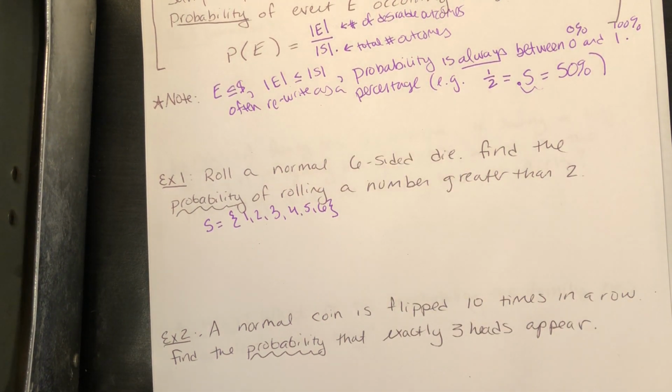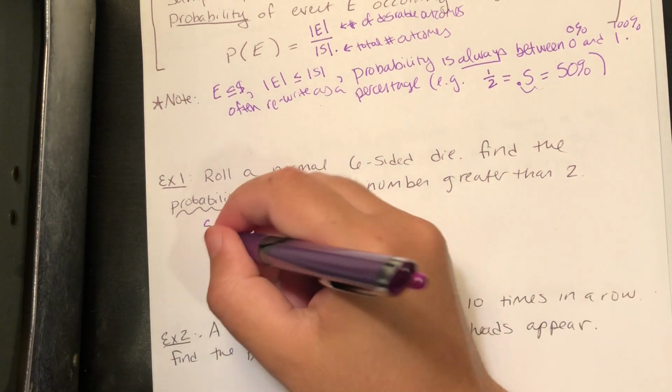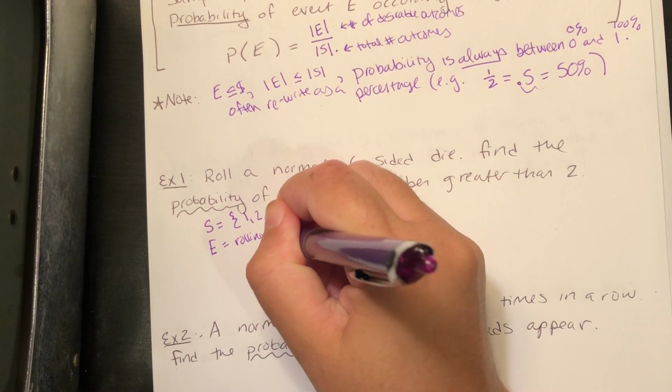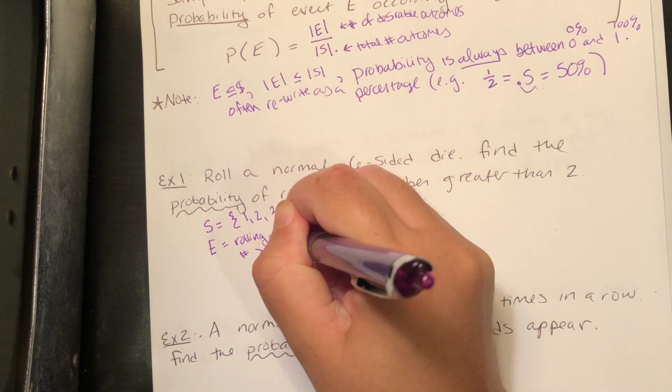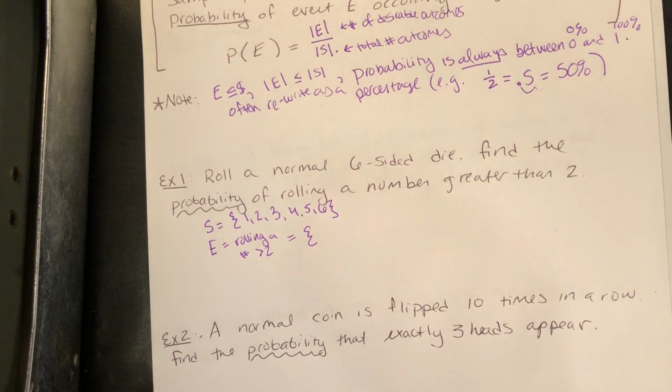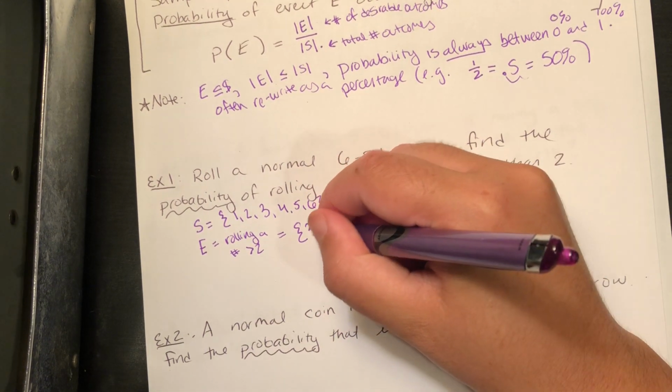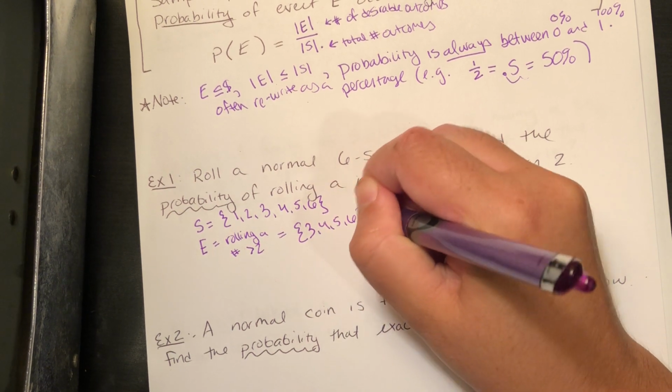In this case, we're trying to find the probability of rolling a number greater than 2. So our event that we're looking for here is rolling a number greater than 2. And that's going to be all of the numbers from this set that are greater than 2, namely 3, 4, 5, and 6.